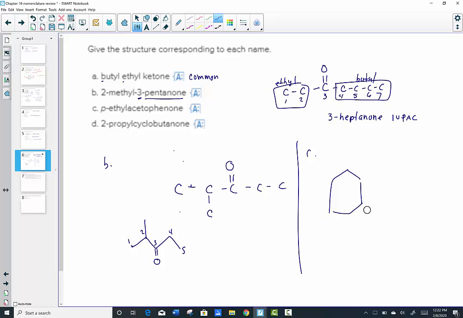Oops, that's not a very pretty benzene ring. 1, 2, 3, 4, 5, 6. Alternating single, double. And then we had the carbonyl leading out. And then see how that is a CH3 for that parent name, acetophenone.